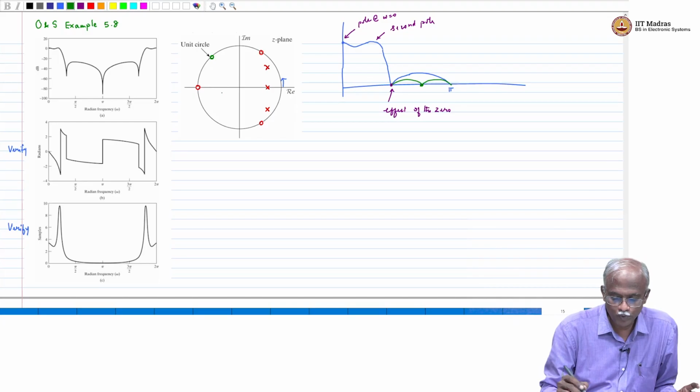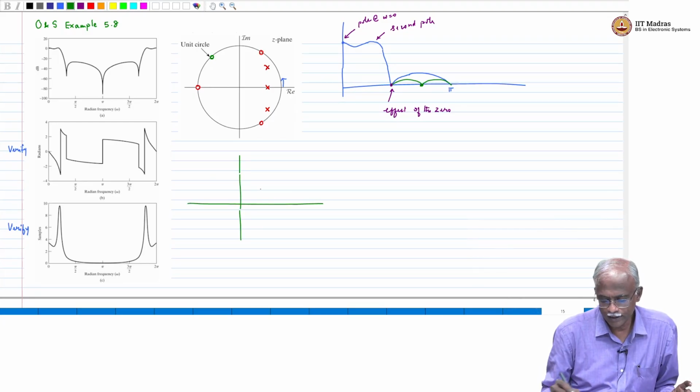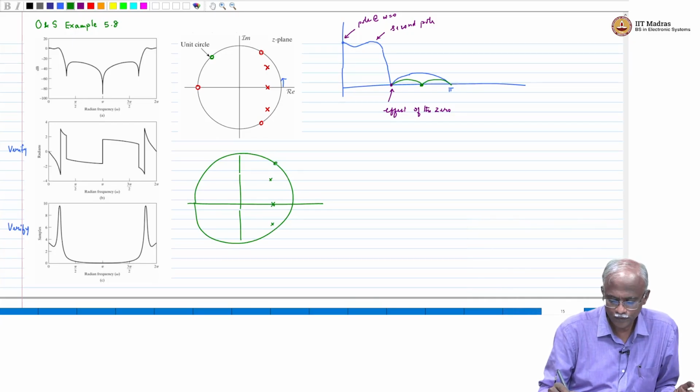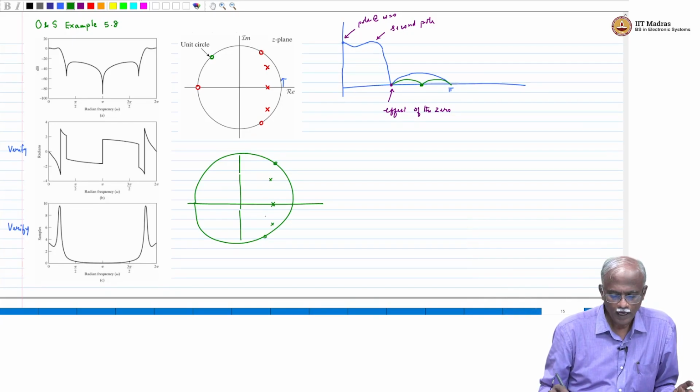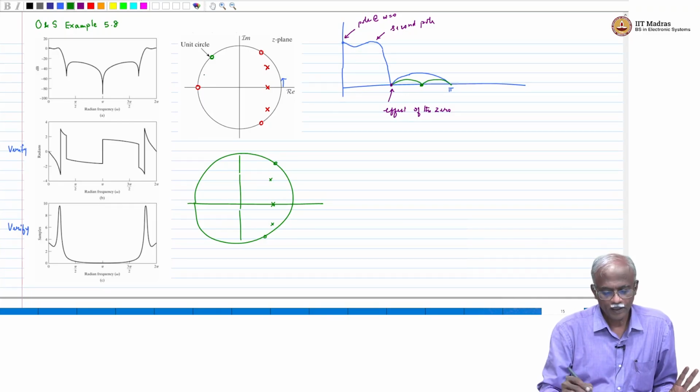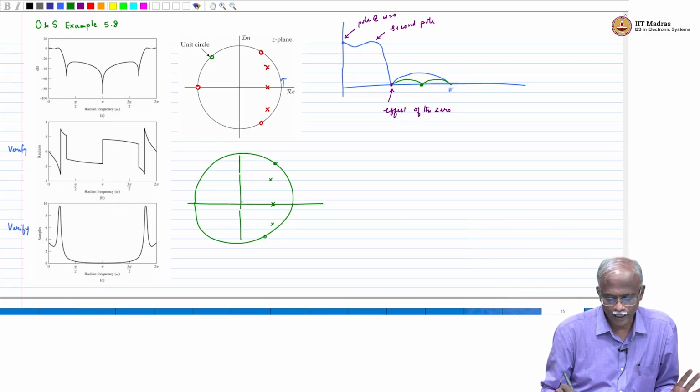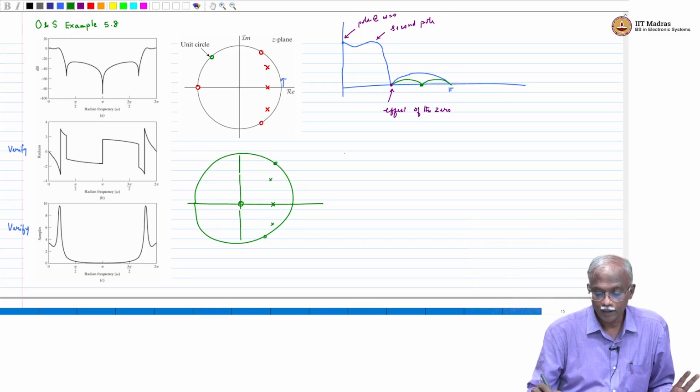Now, supposing you had removed both the zeros, and you had only this. You had the 3 poles, you had the 2 zeros, and this 0 was missing. That means that 0 will actually be a 0 at the origin. Can you sketch the magnitude response?